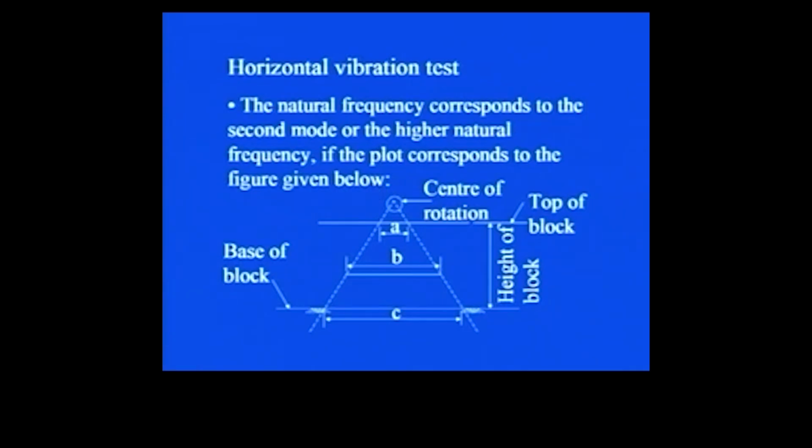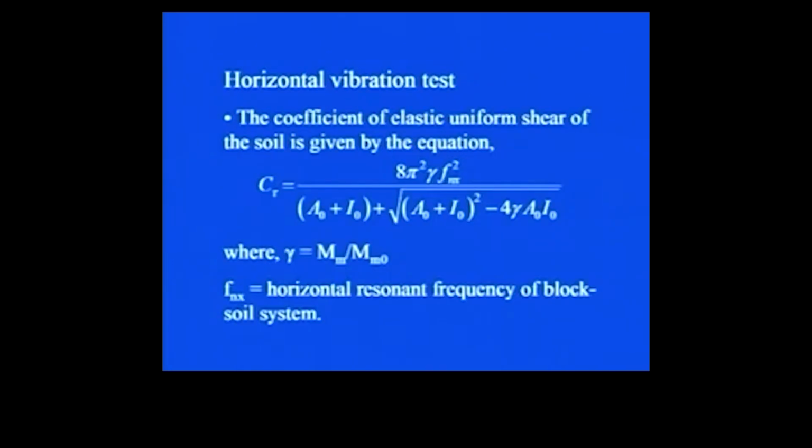In the earlier case it was the first mode. So, from that figure we can make out whether the natural frequency we have obtained corresponds to the first mode or second mode, lower or higher natural frequency.